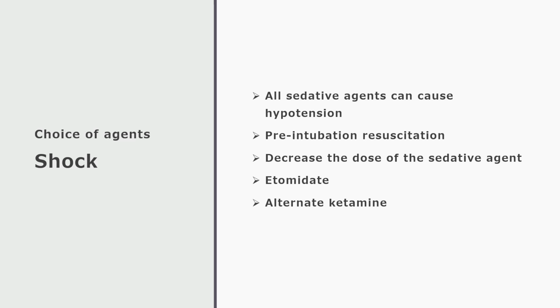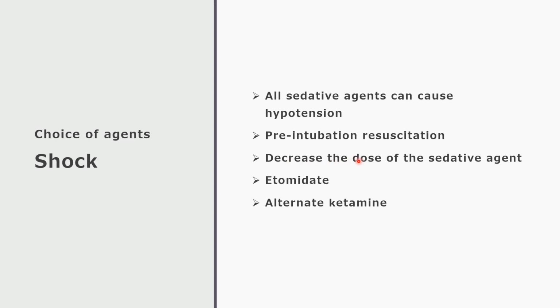All sedative agents can cause hypotension when administered to patients who are hemodynamically unstable, including ketamine. In addition to pre-intubation resuscitation to maximize cardiovascular physiology, like fluid resuscitation and vasopressor therapy, the dose of sedative agent should be decreased for induction of the patient in shock requiring RSI.